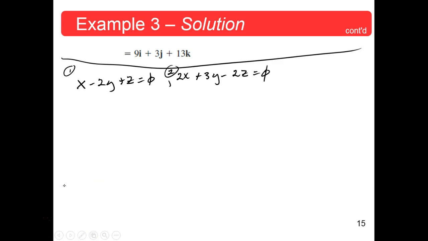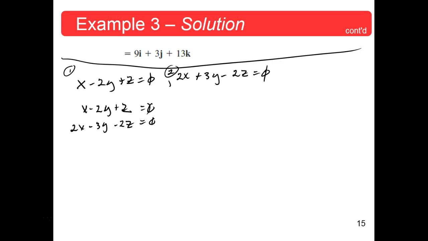Okay, so what we know is that simultaneously x minus 2y plus z is equal to 0, and 2x minus 3y minus 2z is equal to 0. Okay? Now, how they recommend you do this, and it makes sense, you're not going to be able to eliminate everything, but at least you can eliminate one variable.